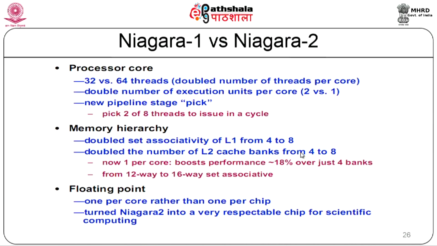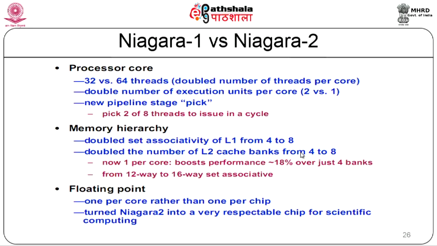To give you a comparison between the Niagara 1 processor and the Niagara 2 processor, which basically has the same type of architecture, the difference is only in the number of threads. In the case of Niagara 1, we had only 32 threads because you had 8 cores and 4 threads per core.